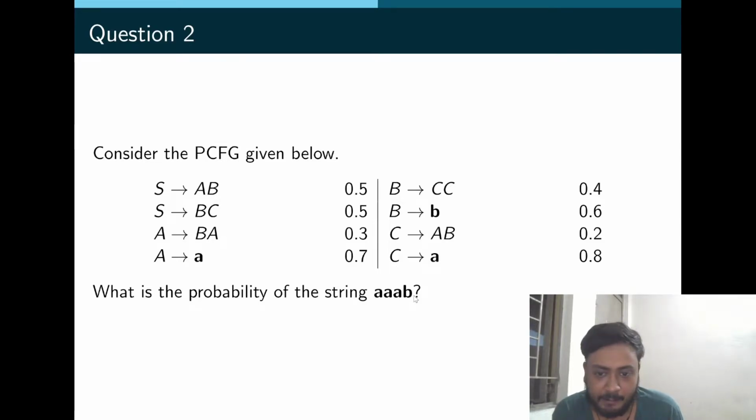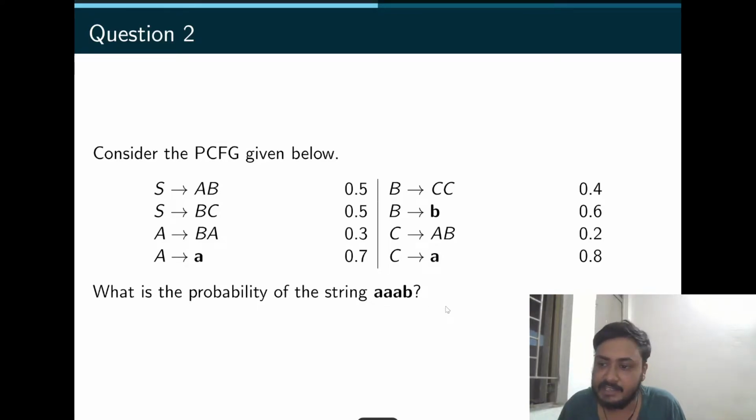So the probability of a given parse tree is we multiply all the probabilities in the chain, and the probability of any string is the sum of all the parse trees which can be constructed for the given string. So we have to find out the different parse trees for a given string, calculate the probability of each tree, and add them up to get the probability of the string. So this is the overall procedure.